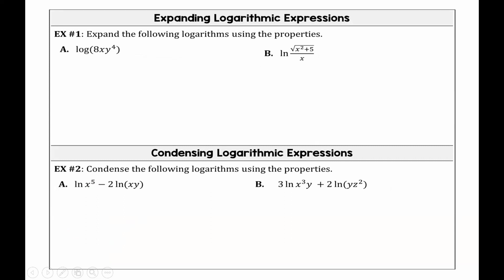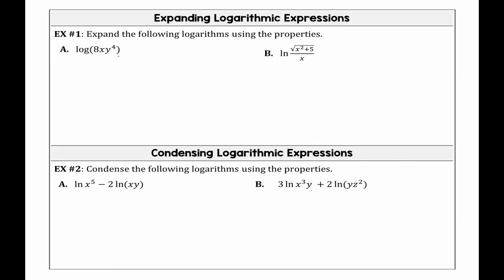Up first, we have here, it says to expand. When you're expanding, that means you are separating the argument into as many separate log terms as possible. So up first, we have log of 8 times x times y to the 4. So that means I have how many terms that I can separate? 3.